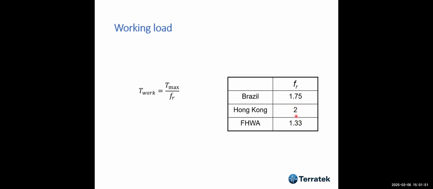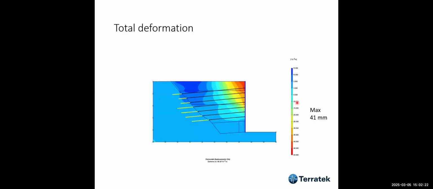In Hong Kong we use 2, but the Federal Highway Administration manual, which I had access to at the time, allowed 1.33, which I found too low. So there was a big discussion about that with the client, which was Southern Peru Copper Corporation, and in the end we decided to use 1.75, which is the minimum that we felt comfortable with.